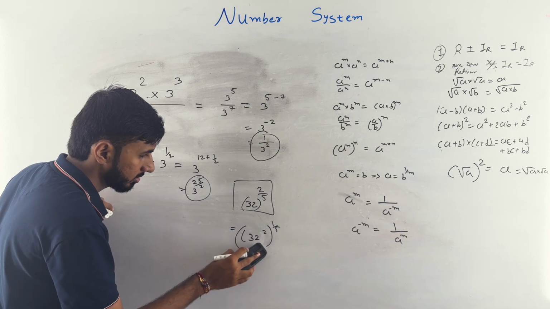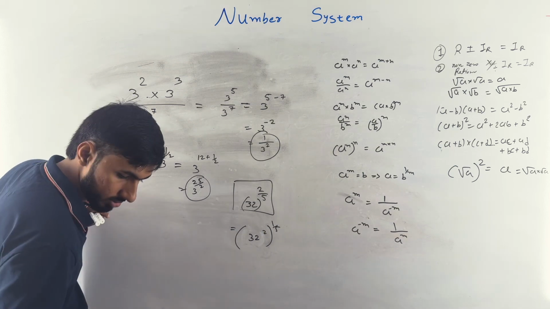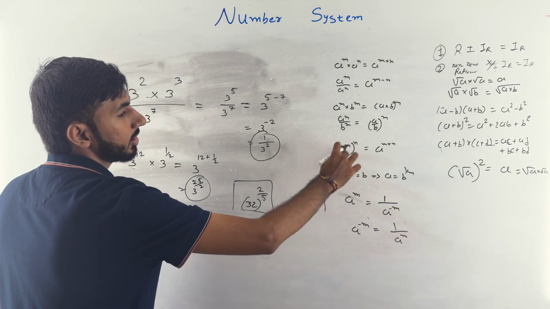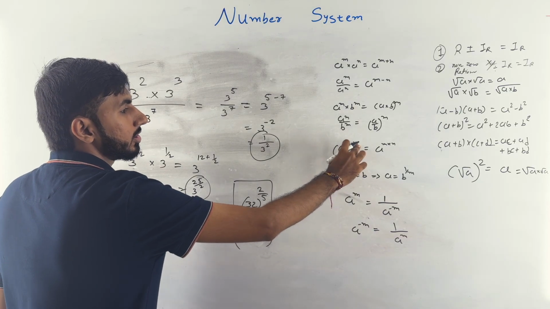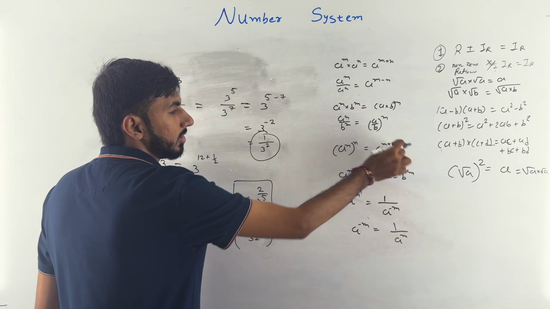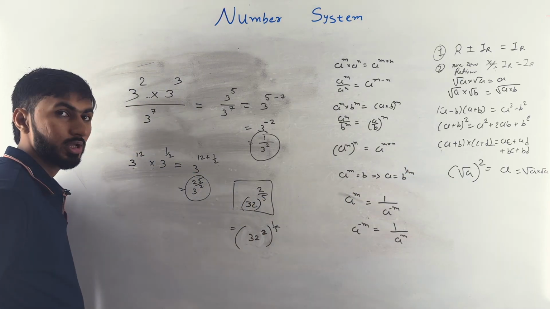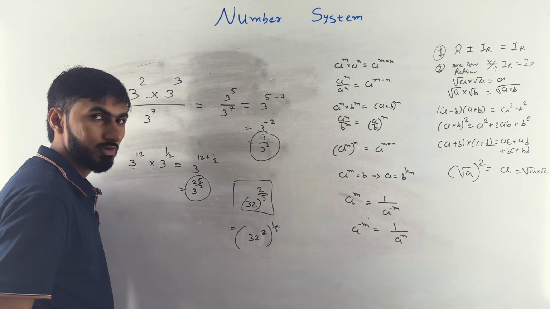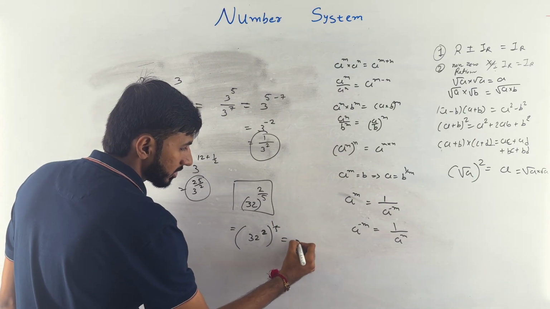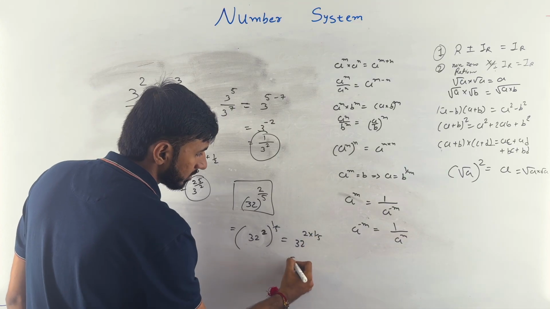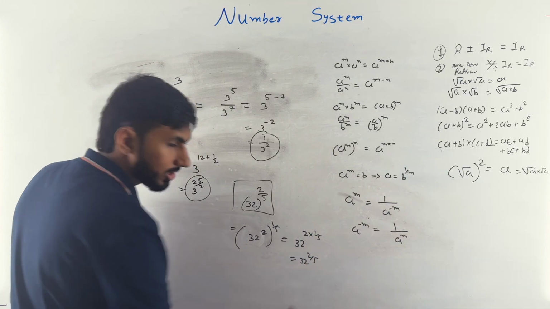What I have written is, if any question is in this form, like a power m in bracket and then power n, I just do a multiplication of powers. Here I have 32 power 2 and after the bracket I have power 1 by 5, so I just multiply these two powers, that is 32 power 2 multiply 1 by 5, that is 32 power 2 by 5, right?